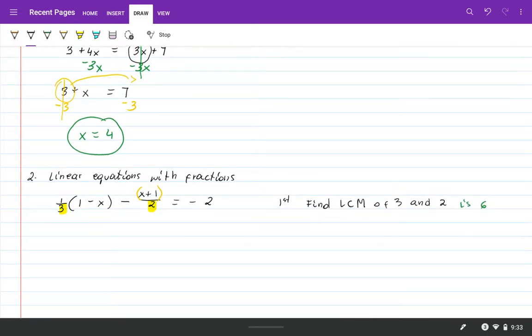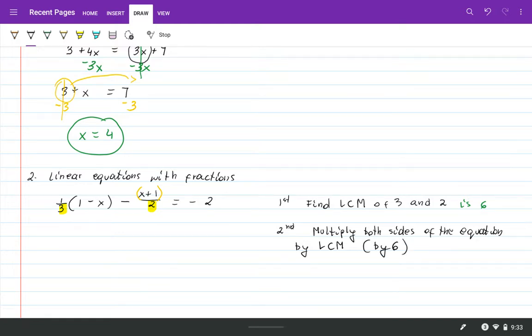When you find that lowest common multiple, your second step will be multiply both sides of the equation by LCM. So in our case, by 6, because that's our LCM.